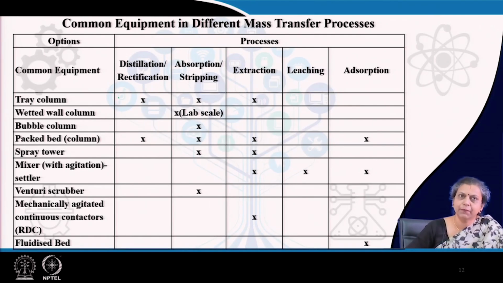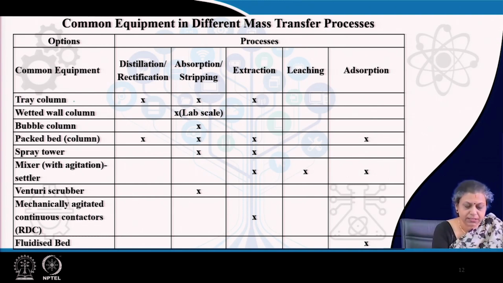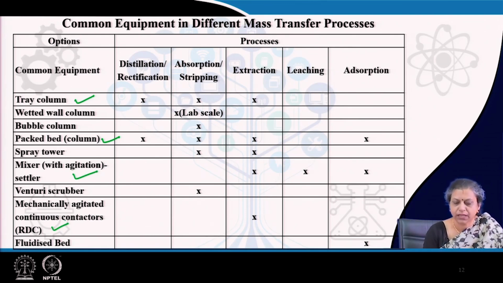So, depending upon which phase should be dispersed and how much contact we require, different processes are typically performed in different types of equipment. So, while we discuss the processes, we will be primarily discussing tray columns, packed beds, and while we discuss liquid extraction, we will be discussing mixer settlers and maybe we will be mentioning something about the rotating disc contactors.